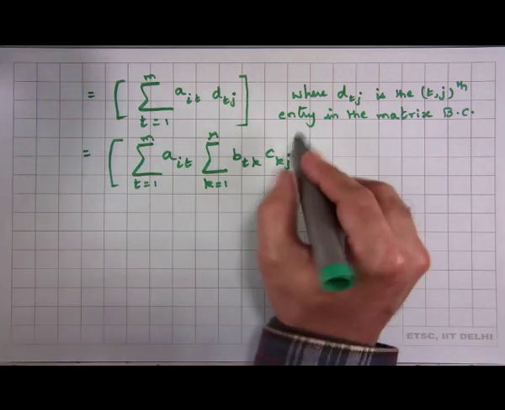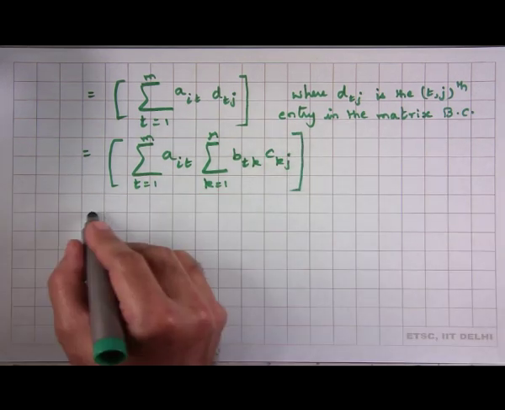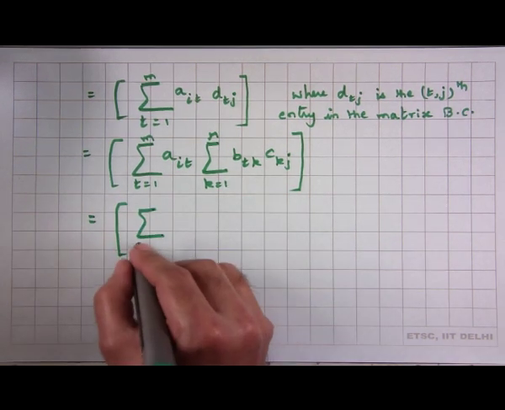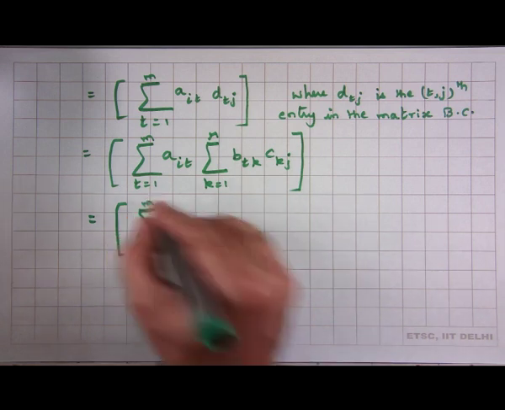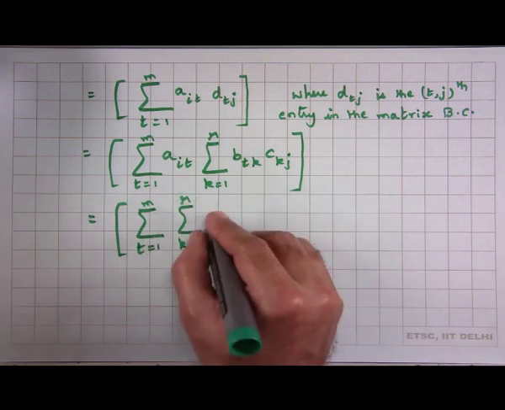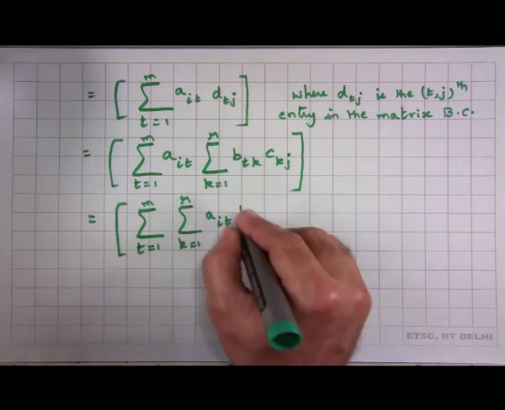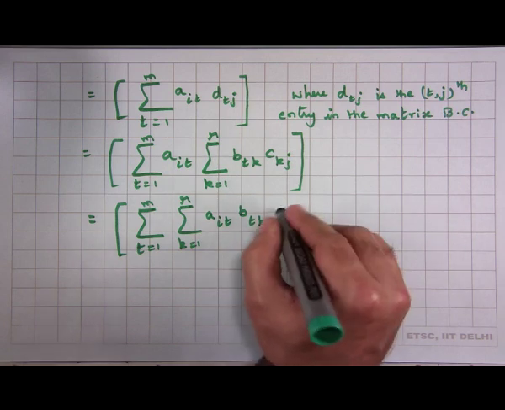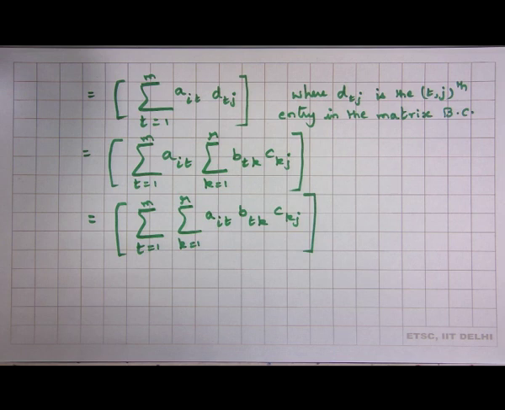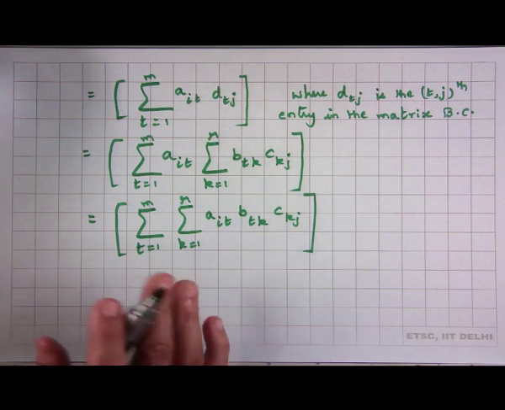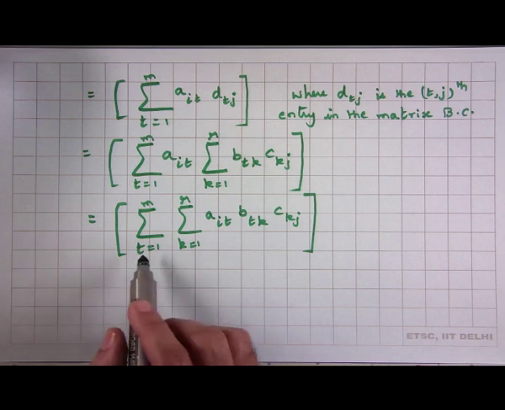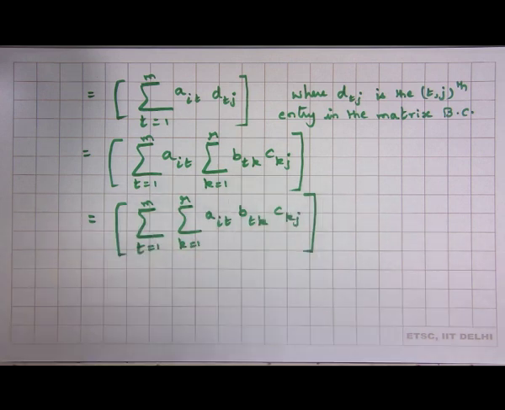This is what I have, which is equal to summation t running from 1 to m, summation k running from 1 to r, Ait Btk Ckj. After expanding all the brackets, I have this. So, finally A dot (B dot C), the ijth entry is given by this formula.